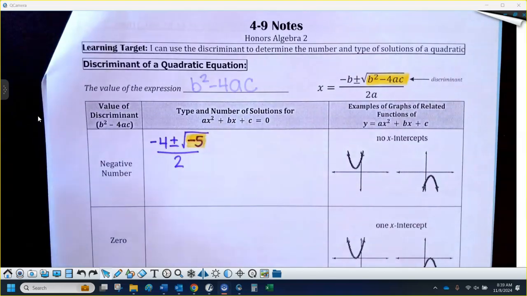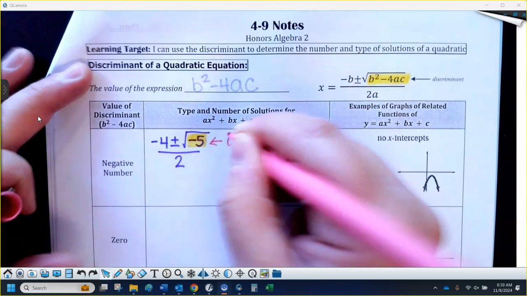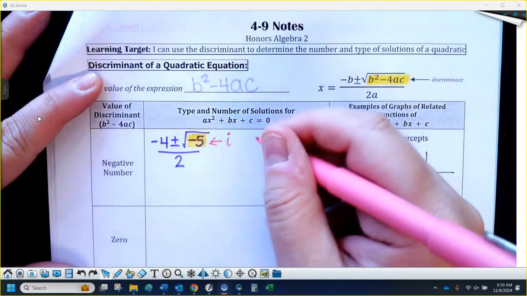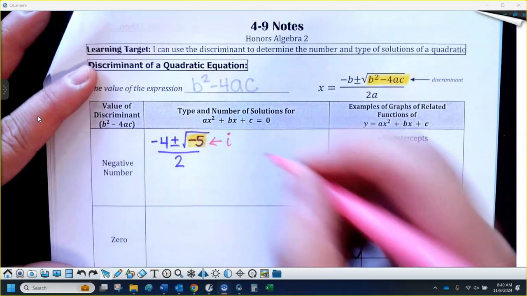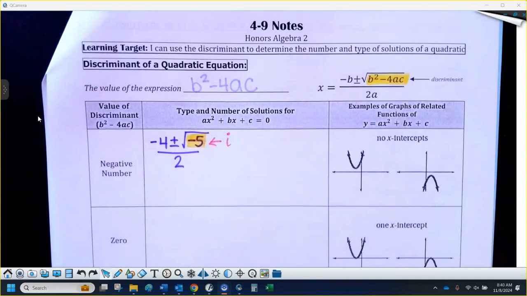No intercepts, right? If you have a negative number under here, that's going to have you simplify in some way to get an i. So it's also going to tell me we're going to have imaginary solutions. Does anybody know how many solutions I would have? 1, 2, or none?